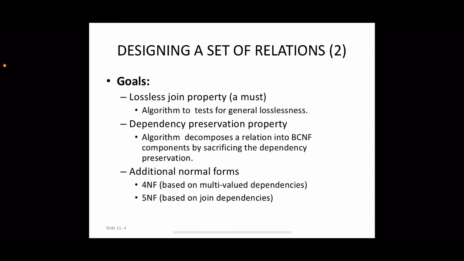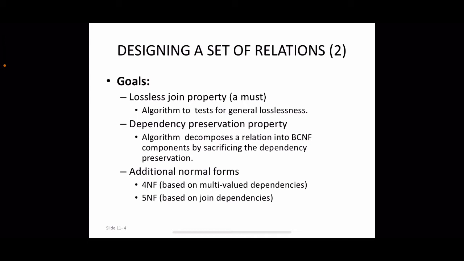Now these are the design goals. When we design a set of relations, these properties should be there. The first one is the lossless join property. It's a must condition. So we will go through some algorithms to test for this losslessness. What do we mean by losslessness? You have already seen spurious tuples, right? We are decomposing a relation into a set of sub-relations, and later we may want to retrieve some information by joining these sub-relations together.